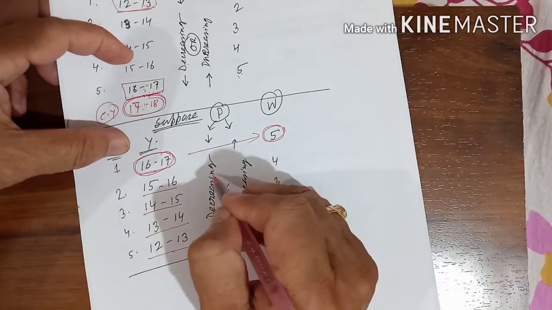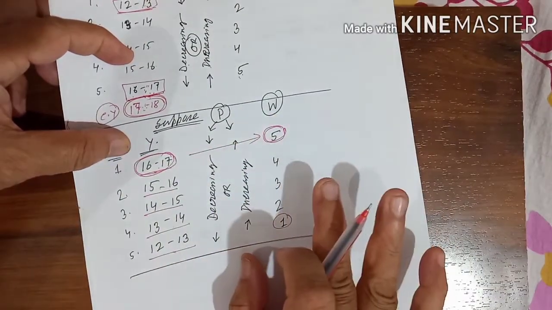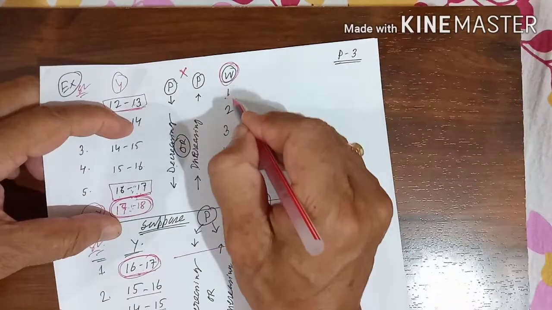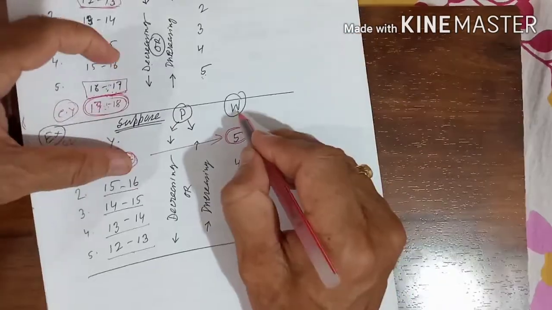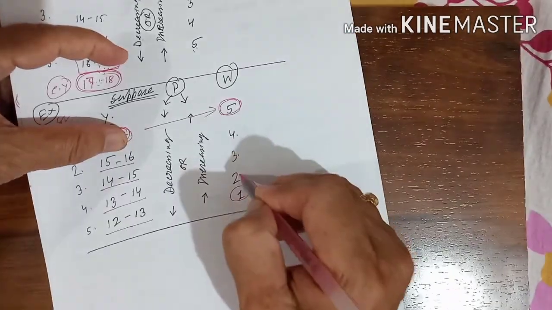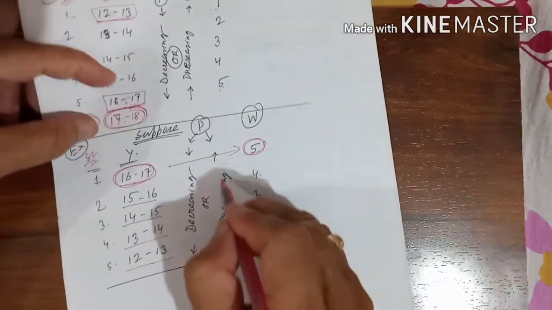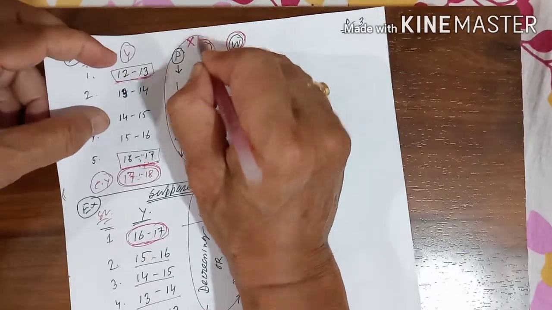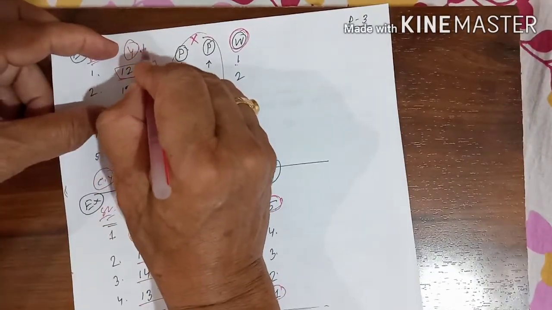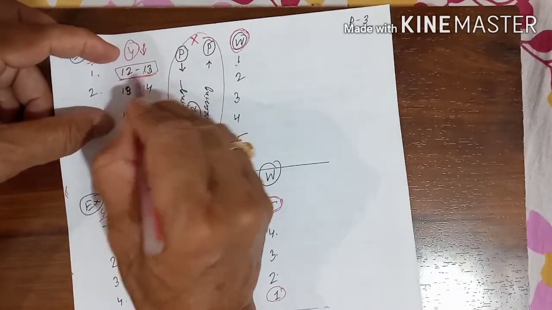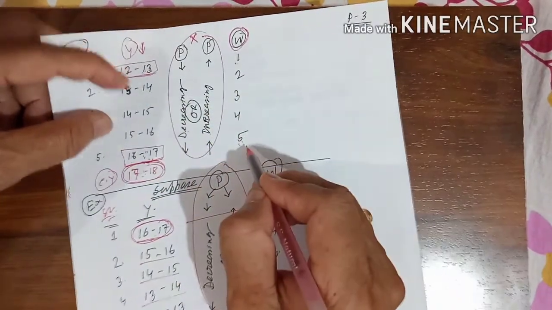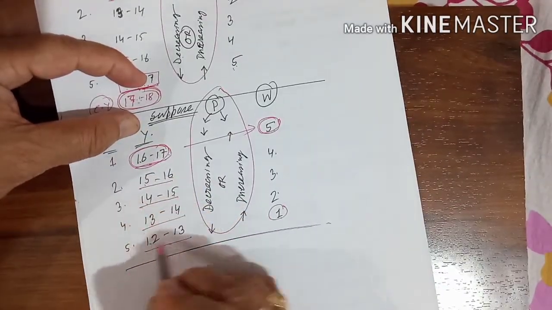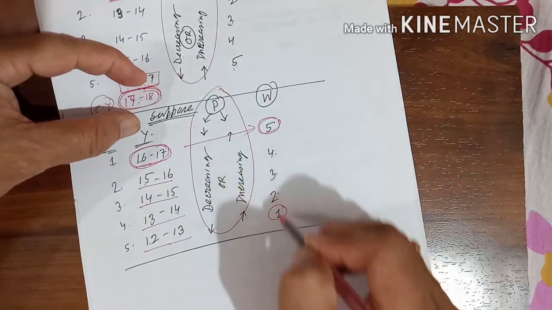Whether profit is increasing or decreasing, you will not consider that. Whether the weight will be 1, 2, 3, 4, 5 or 5, 4, 3, 2, 1 depends not on the profit, whether increasing or decreasing, only on the year. If it is given 12-13, 13-14, then 1, 2, 3, 4, 5. If it is given 16-17, 15-16, 14-15, 13-14, 12-13, then 5, 4, 3, 2, 1.